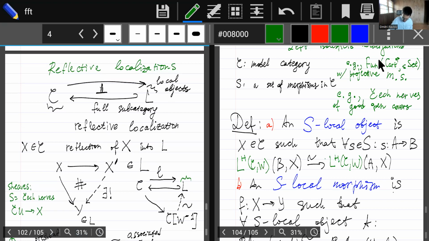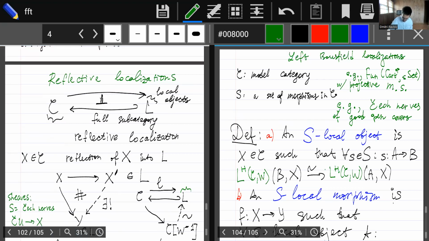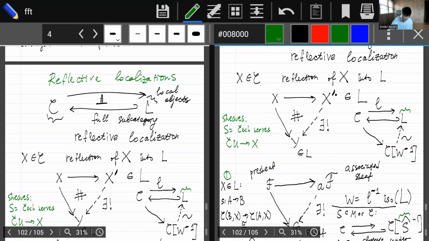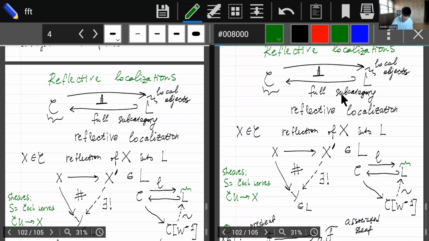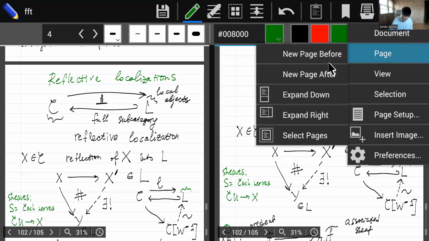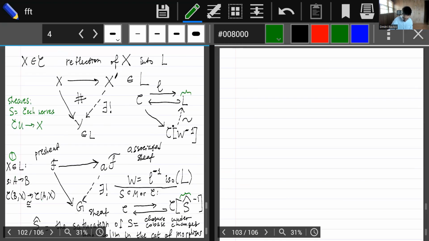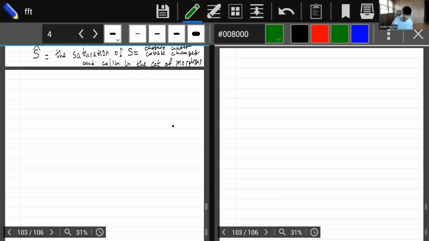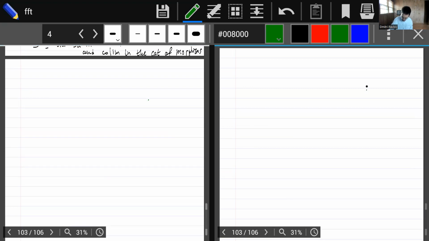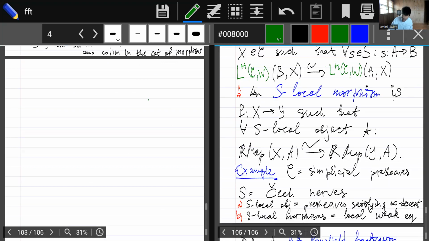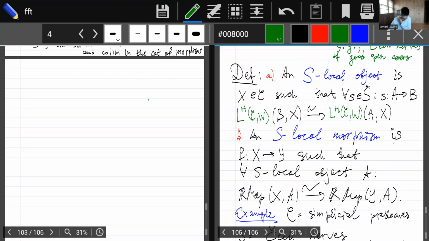Okay, now I can scroll here. I have a page here, so let me copy it here.